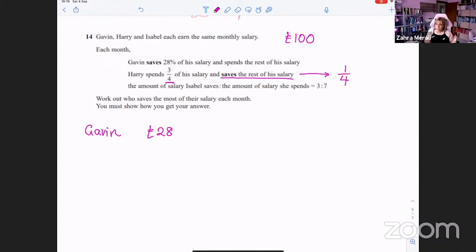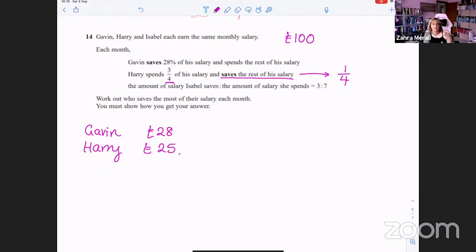How much is 1/4? Well, what does a fraction mean? Divide by the bottom, times by the top. So we're just doing 100 divided by 4, which is halving it to give you 50, halving it again to give you 25. So Harry saves, if it was £100, £25.